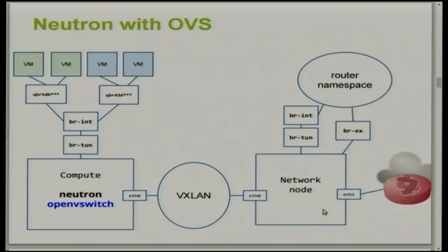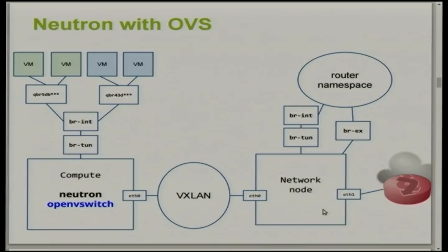For L3 connectivity, they use namespaces together with a Linux bridge. And why do we need a Linux bridge? Because Neutron security rules are based on IP addresses, but OVS doesn't natively integrate with iptables, so that's why we need namespaces together with a Linux bridge.